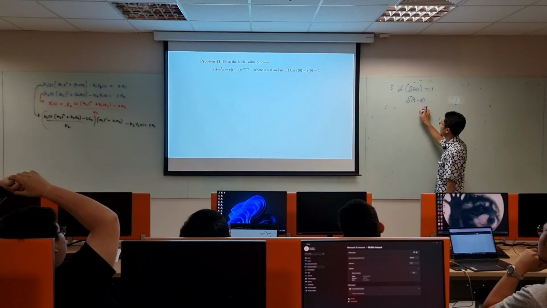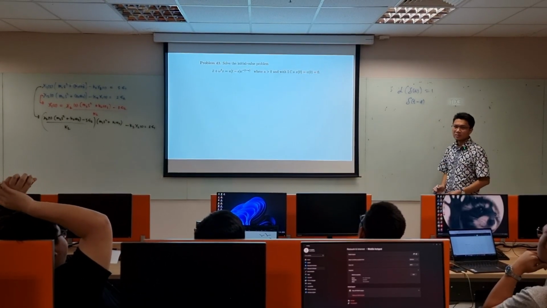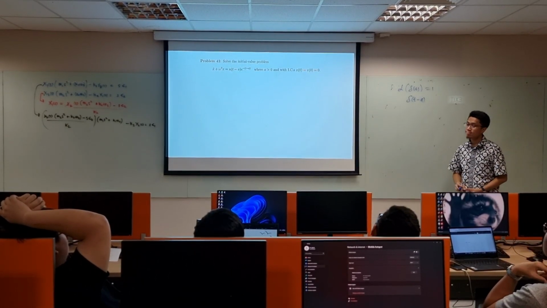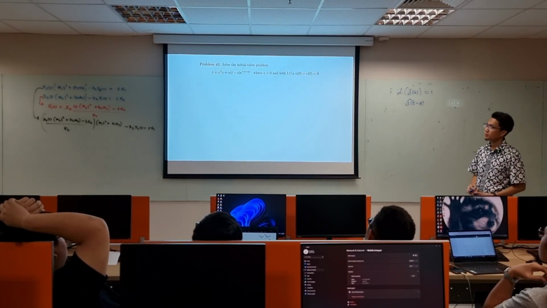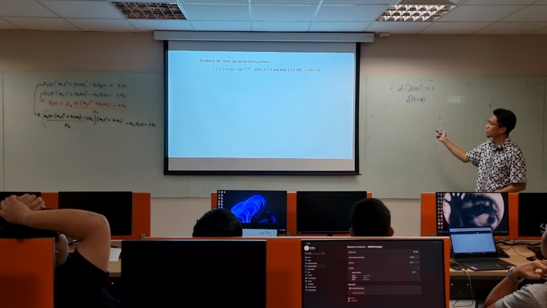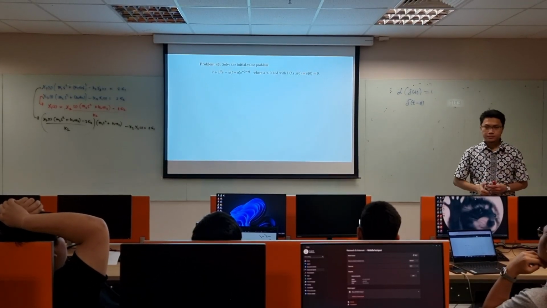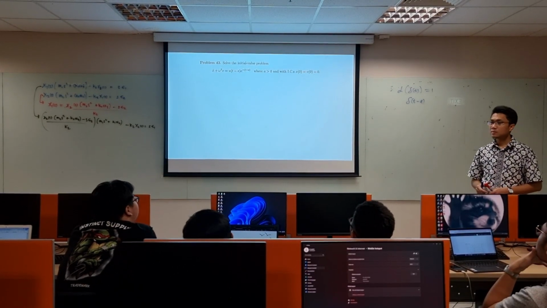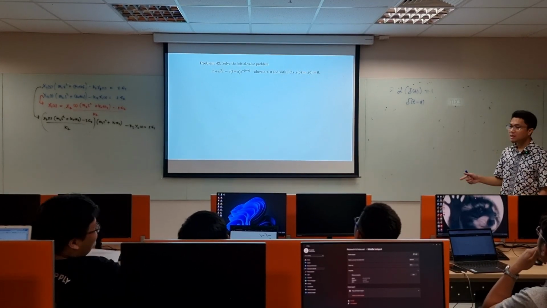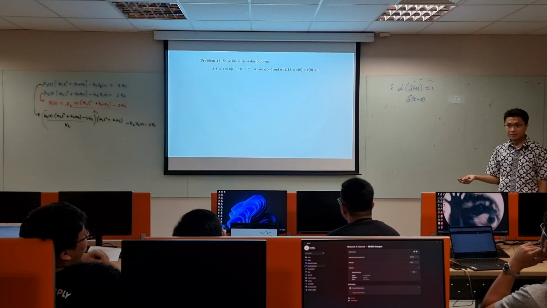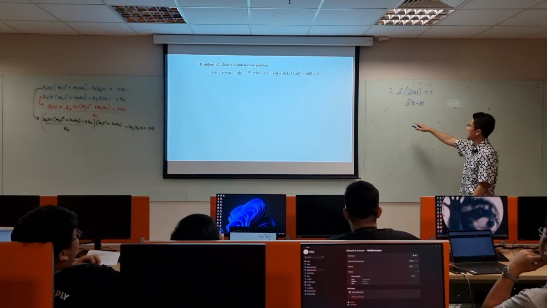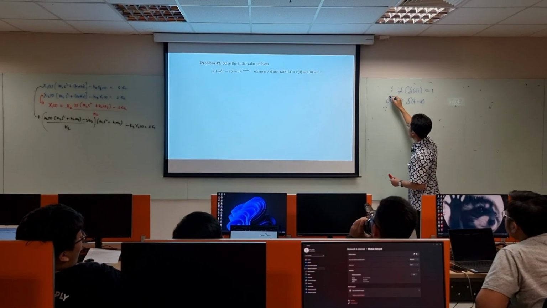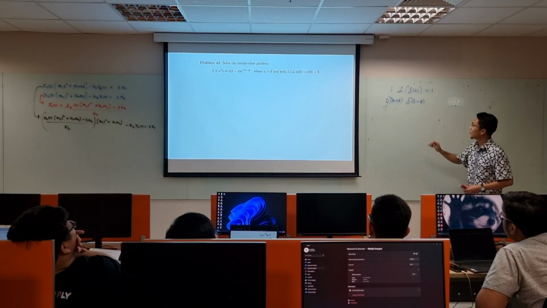Why is that so? This one is enough. That function we need to multiply with u(t minus a), but the impulse we don't need to. In the previous problem, the impulse had no u(t minus a). No need to. Why?